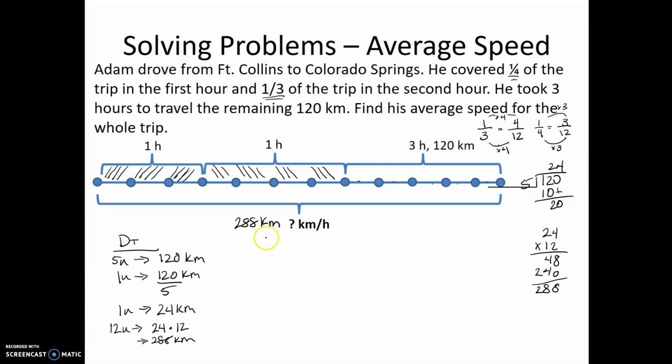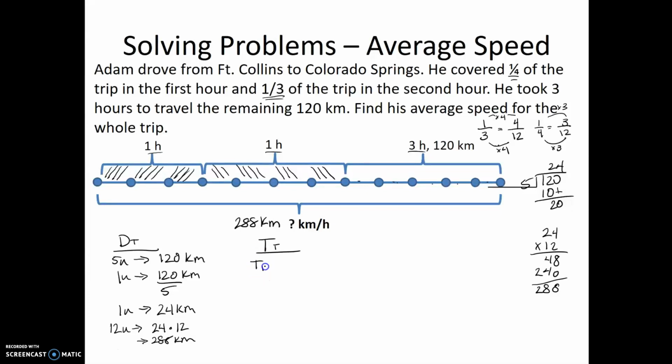Now I can do my total time, can't I? We've got a time here, a time here, and a time here. Actually, let's do it like this. On your notes, you have 2 hours written there.